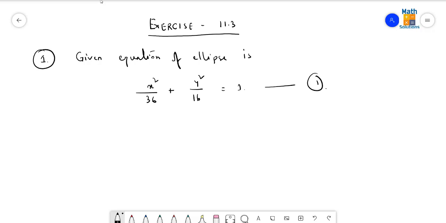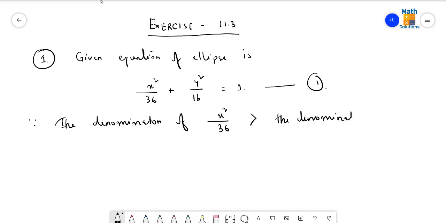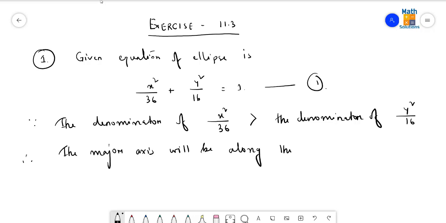We can see that since the denominator of x square by 36 is bigger than the denominator of y square by 16, therefore the major axis will be along the x-axis.